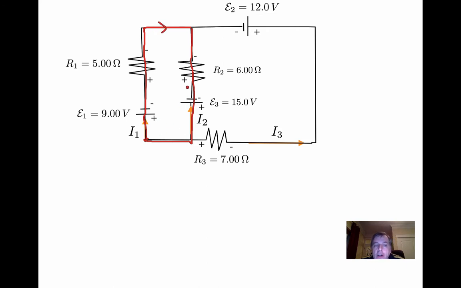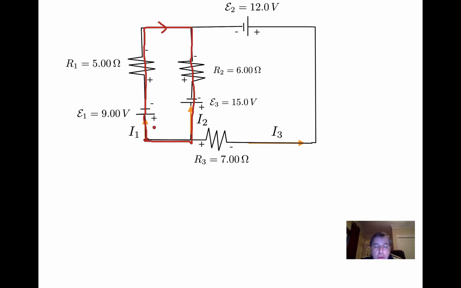I could have gone counterclockwise, and the equation would still be correct. Again, I want to emphasize that the direction in which I go in my loop has nothing to do with the directions of the current. You see, the current here, I1, is going up, but when I go in this branch along my red loop, I'm going opposite to I2. So I just pick a closed loop, I choose one direction, and I just apply the rule. I don't have to pay attention to the currents.